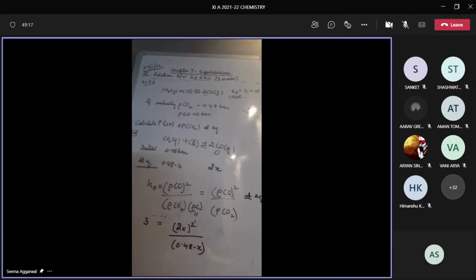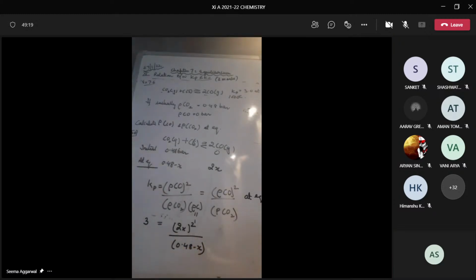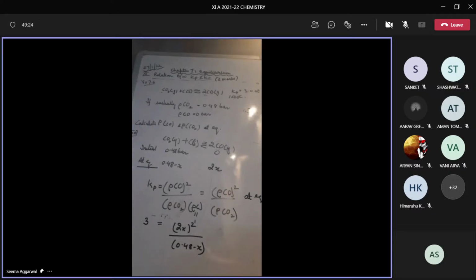Now in this case we cannot take the square root. Okay, so in this case you have to form a quadratic equation. So I am multiplying it by 3, 0.48 into 3 is 1.44. So it is 1.44 minus 3x is equal to 4x square, that is 4x square plus 3x minus 1.44 is equal to 0.